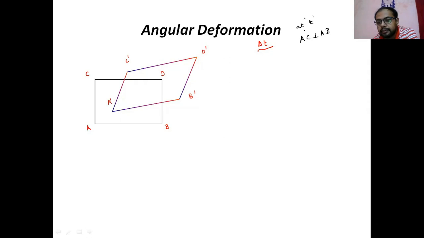But at the time t plus delta t, this is no more perpendicular. Some angular change has been occurring in between this. You see here, some angular changes has been occurring.